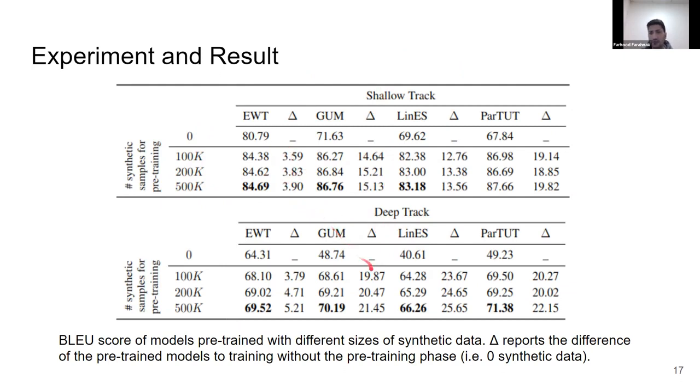And the improvement goes above 20% for data sets that have fewer samples compared to EWT. The overall improvement, the delta in the deep track, is much higher compared with the shallow track, which shows that our approach is effective.